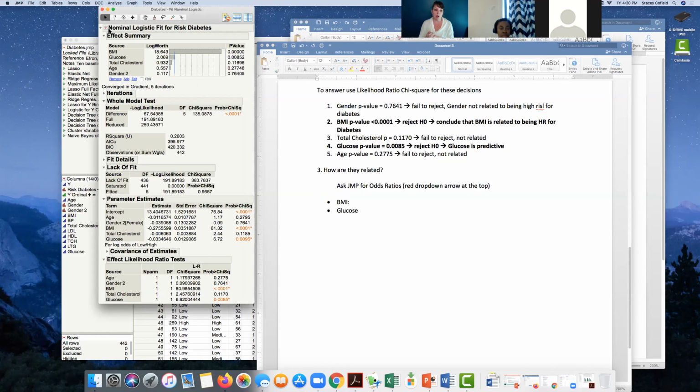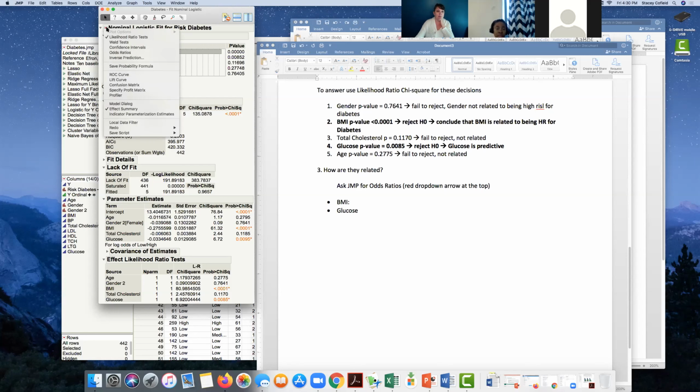Here we actually want to find out for every 1 unit increase in BMI, how does my likelihood of becoming high risk change? Because we're not predicting a continuous value. We're predicting whether or not somebody is low or high risk. So we're not giving them a number. We're saying you're more or less likely to be high risk versus low risk of diabetes. So that's the odds ratio.